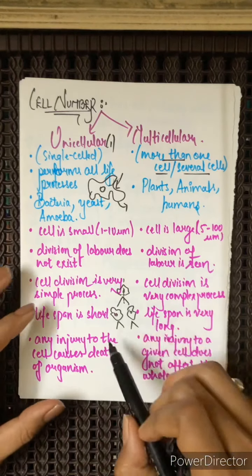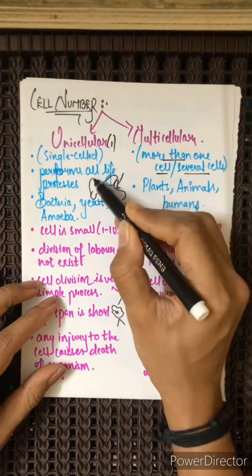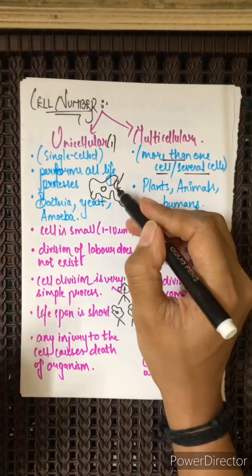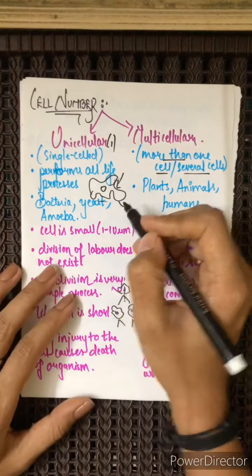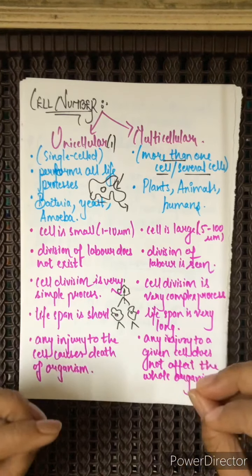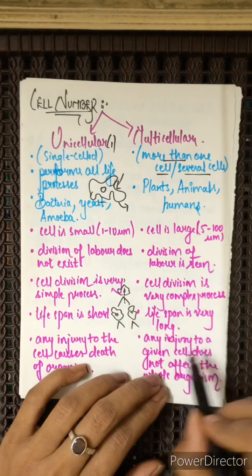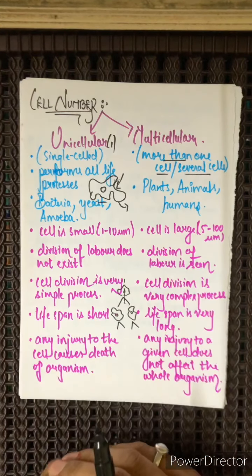And suppose this unicellular organism is damaged, it is going to cause the death of the whole organism. But in the multicellular organism, if only one cell is injured, that doesn't mean that the whole organism is going to die.